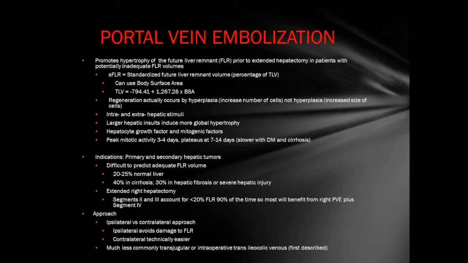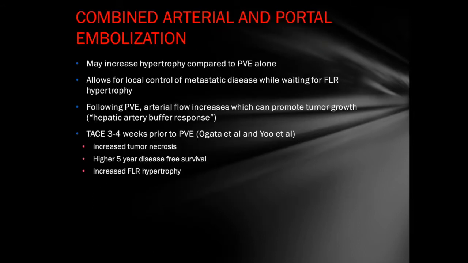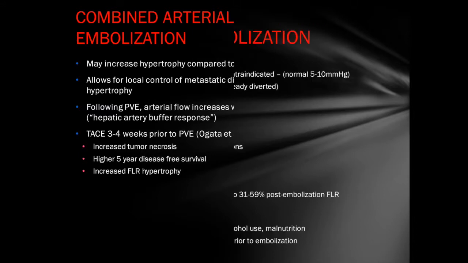But the vast majority of people utilize the ipsilateral approach to avoid damage to the future liver remnant, and then you can easily place coils in the tract and prevent bleeding. The other two routes are significantly less common, although the transileocolic venous approach was actually the first described and is more common in other countries.